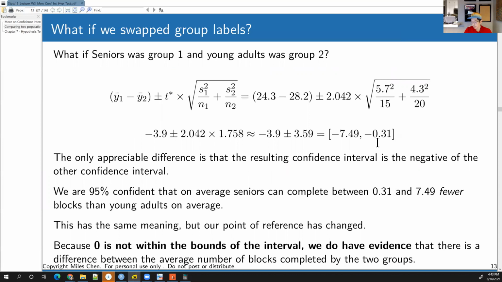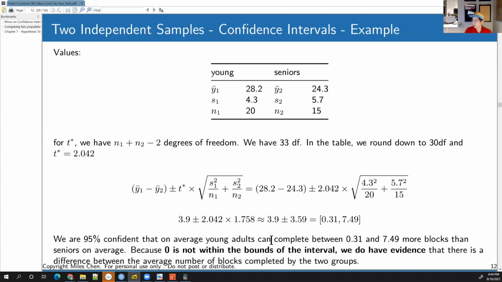And so here, if we were to make the interpretation, we would say something like, we are 95% confident that on average seniors can complete between 0.31 and 7.49 fewer blocks than young adults on average, right? The average young adult versus the average senior. Over here we said young adults can complete between this and this more than seniors.